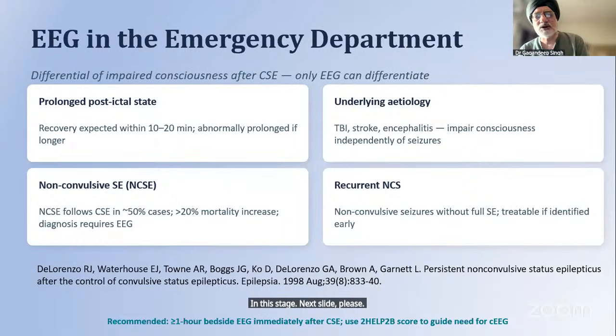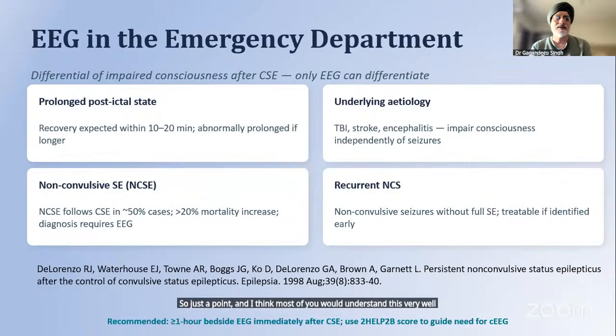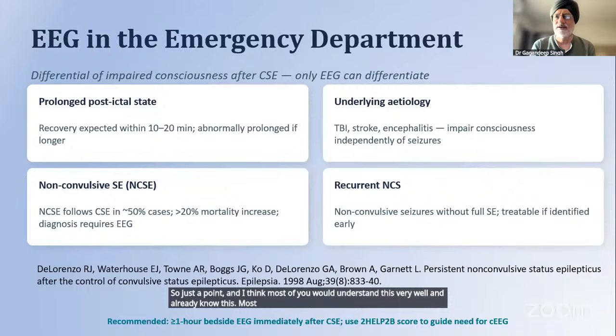Just a point, and I think most of you would understand this very well and already know this. Most patients, once they have a generalized tonic-clonic seizure, recover consciousness between 5 and 15 minutes, right?